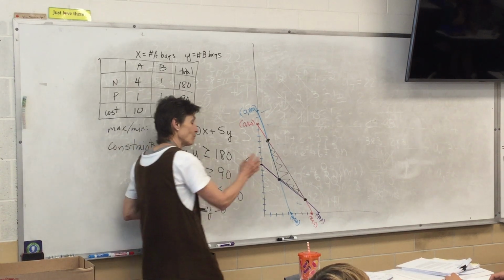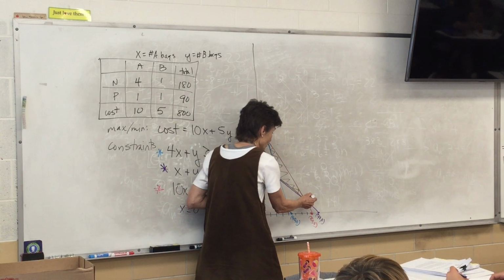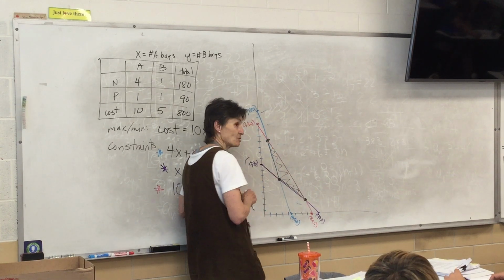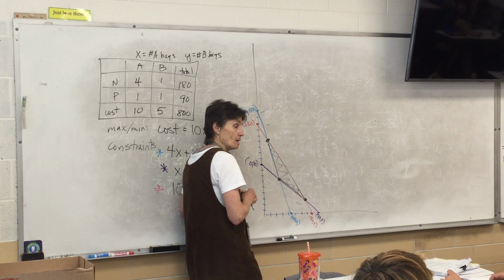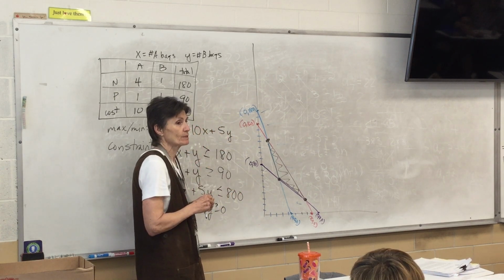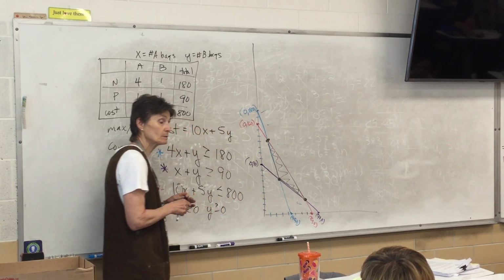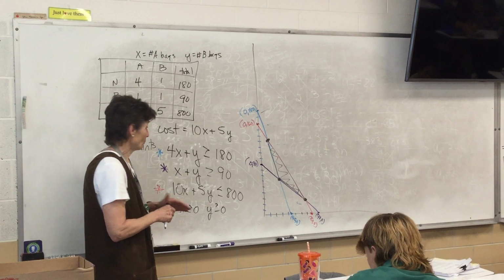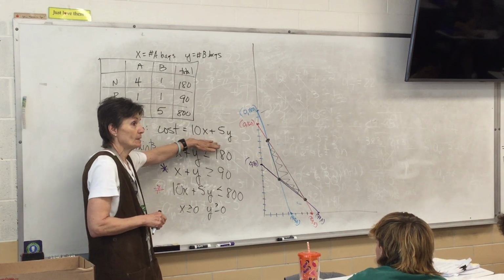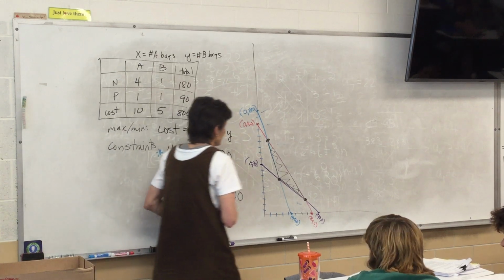So you have this overlap shaded region, and these points are called the vertices of that, in this case, triangle. Your answer is going to come from one of those vertices. So we need to figure out what they are, and then we're going to plug them in here and see which one is the lowest value.